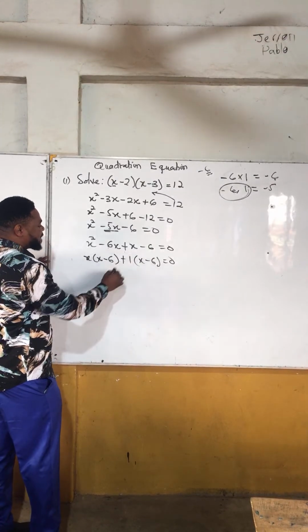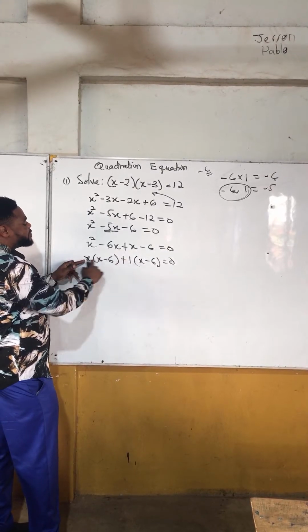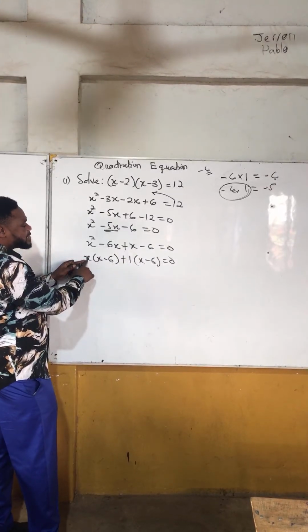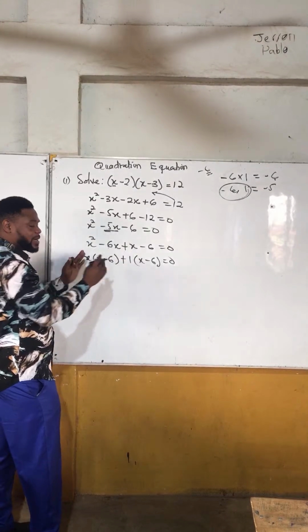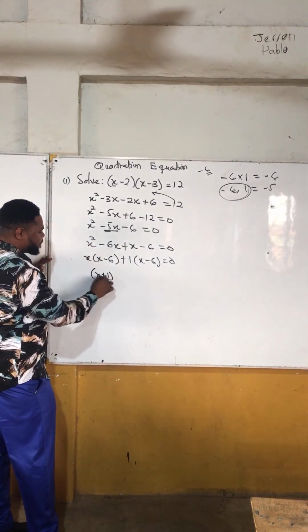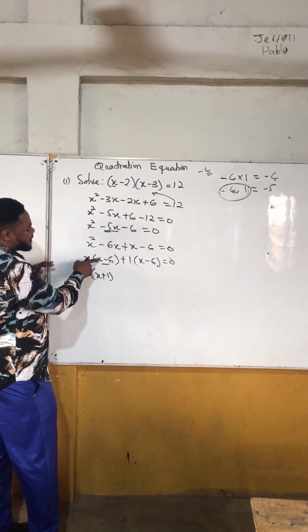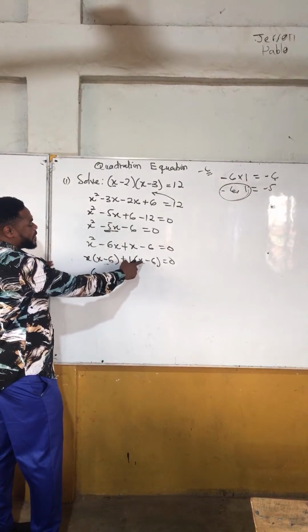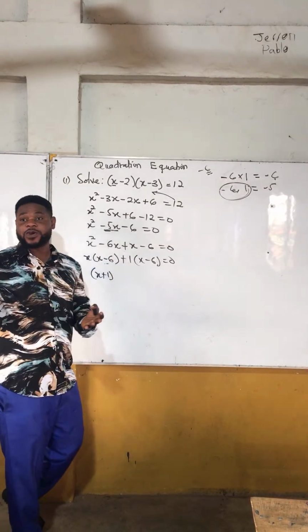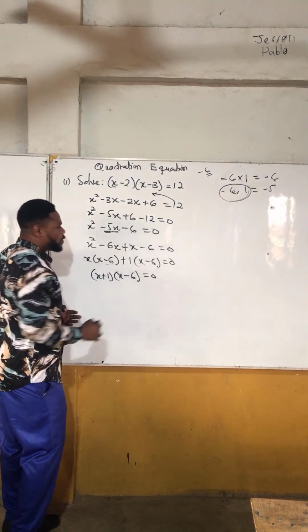After we perform the factorization, we group the numbers that are outside the bracket. So we have x here, we have 1 here, we put them together. So we have x plus 1. And since we have x minus 6 here and x minus 6 here, we pick only one of them. So we say x minus 6, all equal to 0.